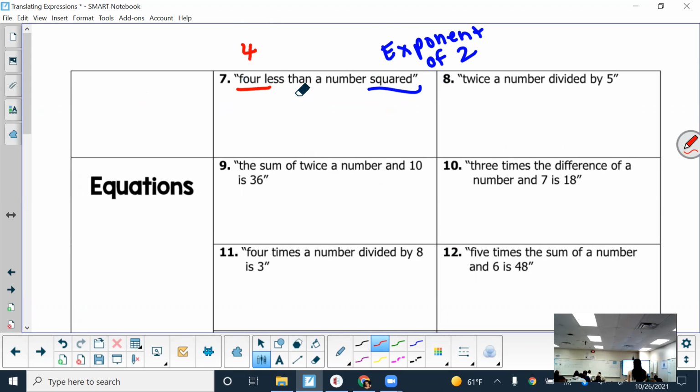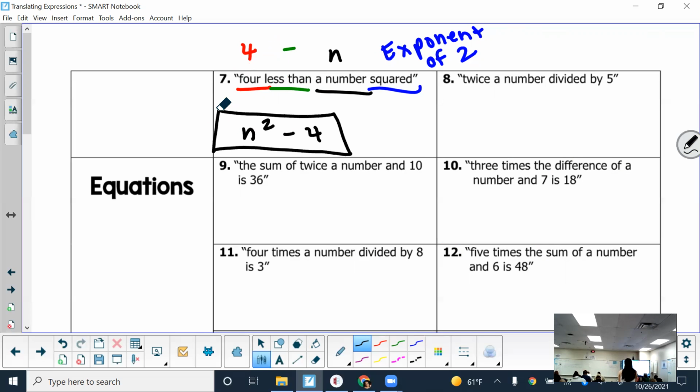So we have 4 less than, what operation is that? Less than a number. And again, we don't know what that number is. And then squared, so I have an exponent of 2. Now, is less than one of our switch words? Yes. Yes, so how should I write this? Good.